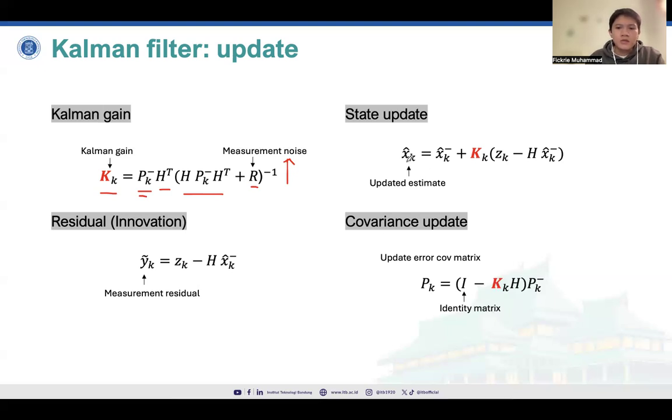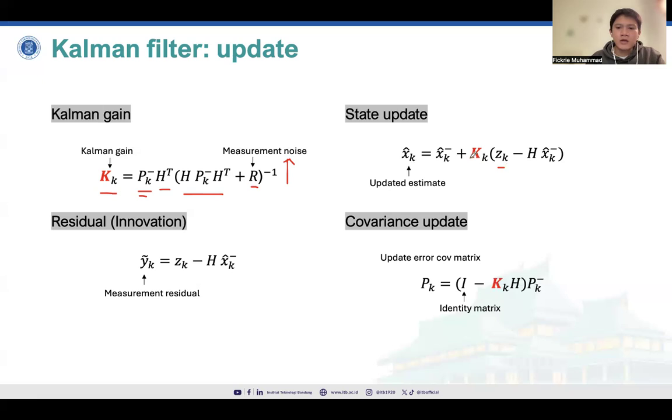And then we have the state updates. So we chip in our Kalman gain here. And the residuals or the innovations are basically the differences between what we observed, what we measured, and what the Kalman filter predicted for our measurements.